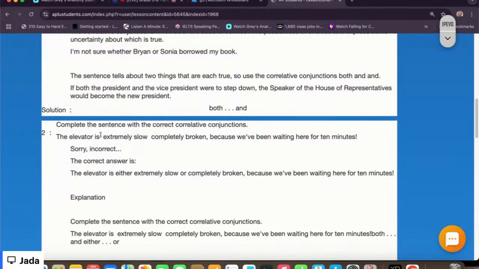Over here we have the empty spaces. The elevator is either extremely slow or completely broken, because we have been waiting here for 10 minutes.